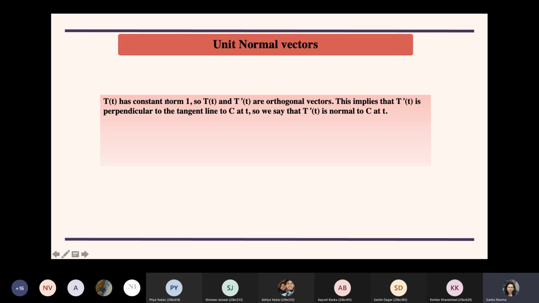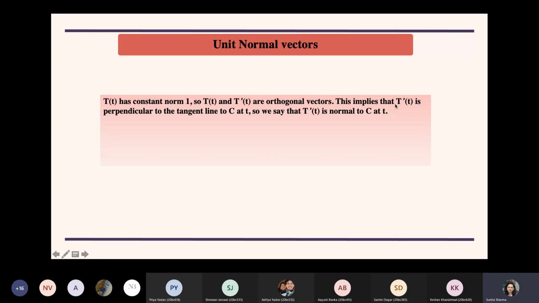So if the vector and its derivative have a dot product 0, that means these two are orthogonal to each other. Because this is the tangent vector, and by definition the normal vector is going to be perpendicular to the tangent vector, we can use this particular expression for finding the normal vector.